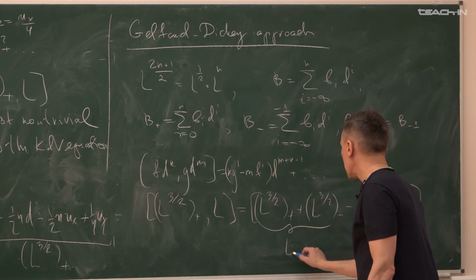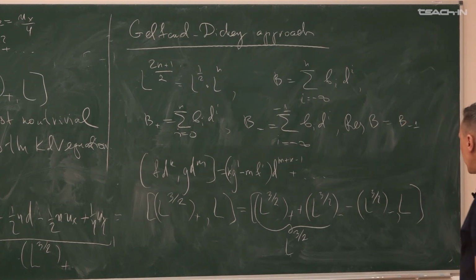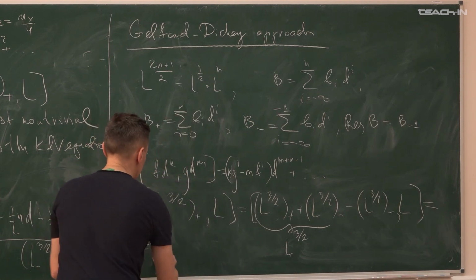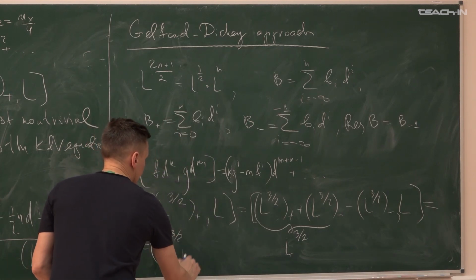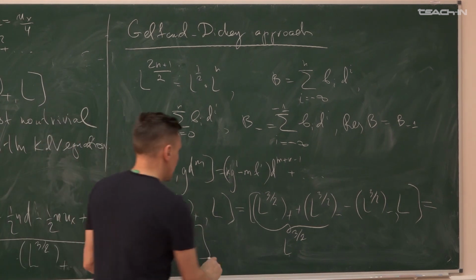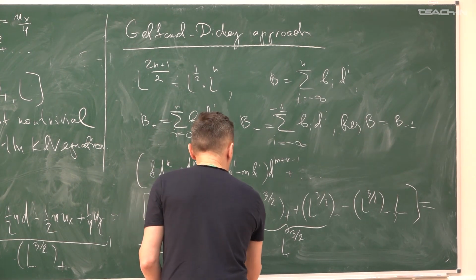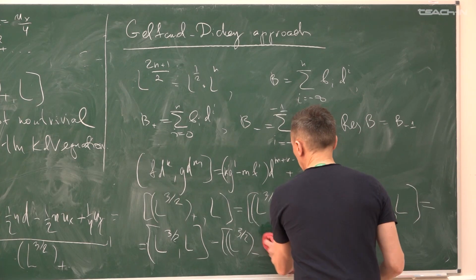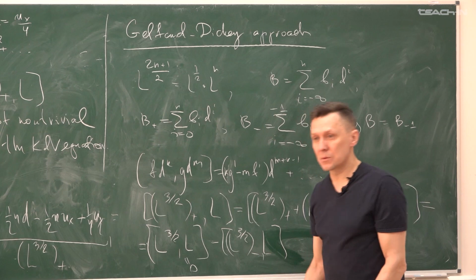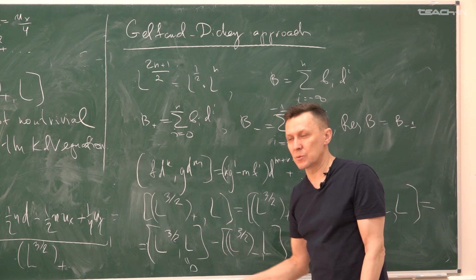This is just L. I will write it. This is L 3 over 2 with L, just complete, minus L 3 over 2 minus with L, but this is 0 because it's just the power of this operator, they commute.